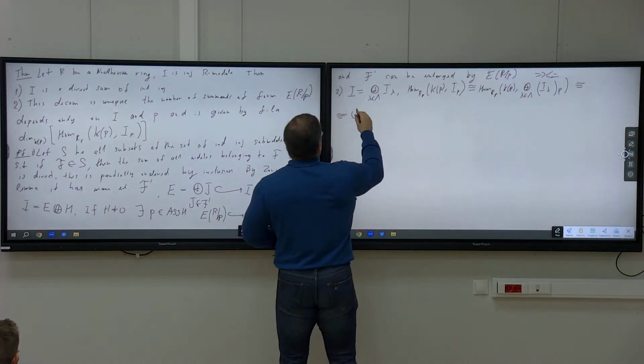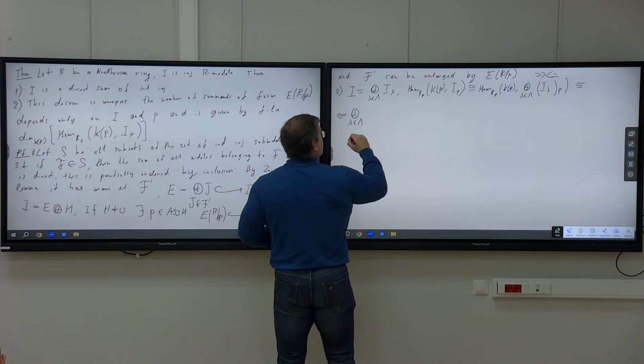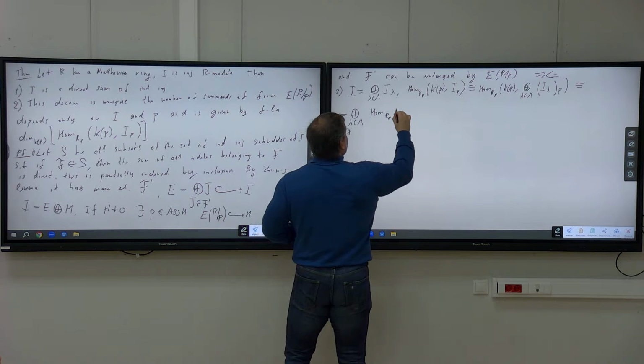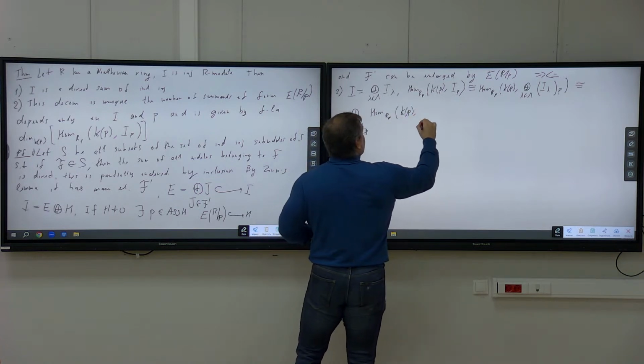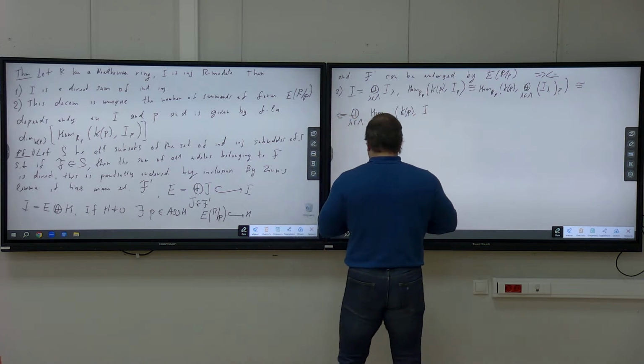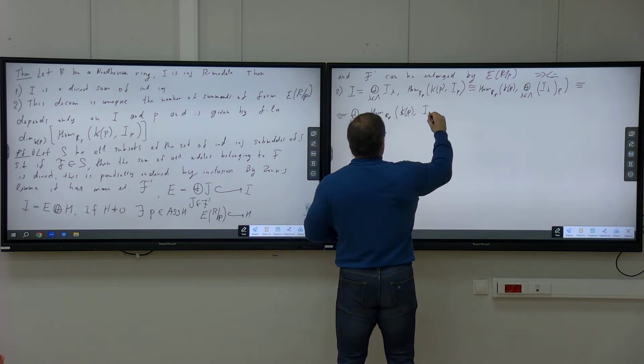So I can write the direct sum over lambda in Lambda of the Hom over R_P from k(P) to I_lambda localized at P.